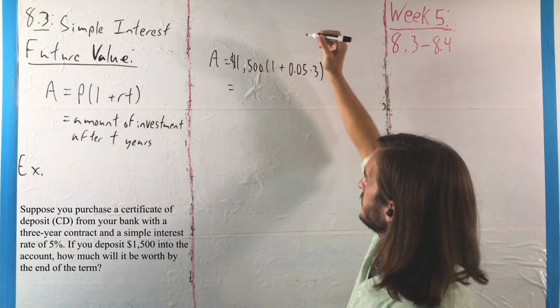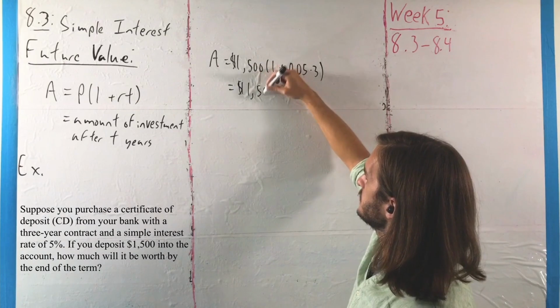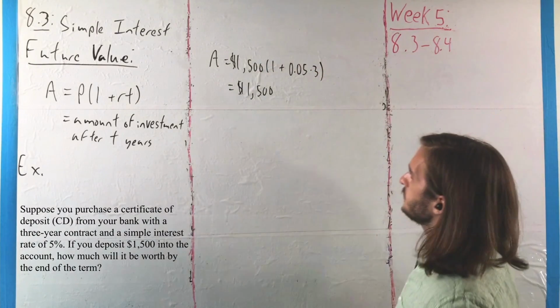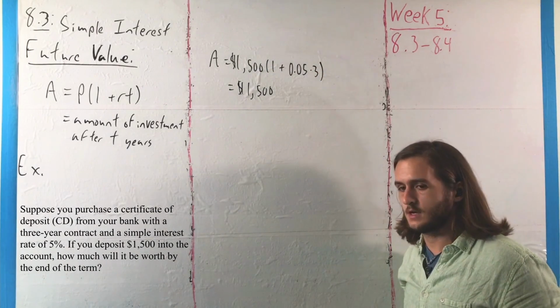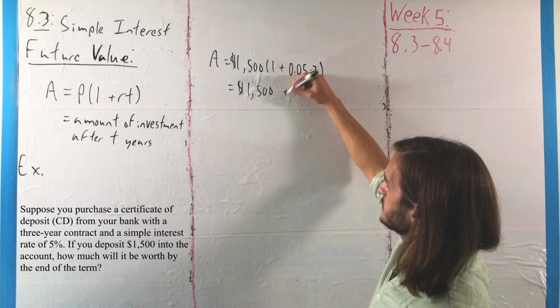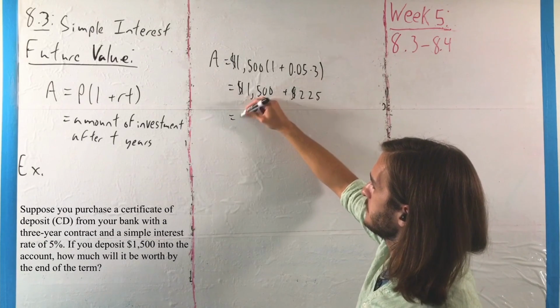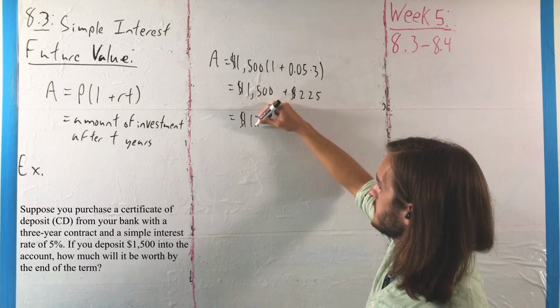And then over here, we will have 3 times 0.05, so that's 0.15, which gives us $225 for a total of $1,750.